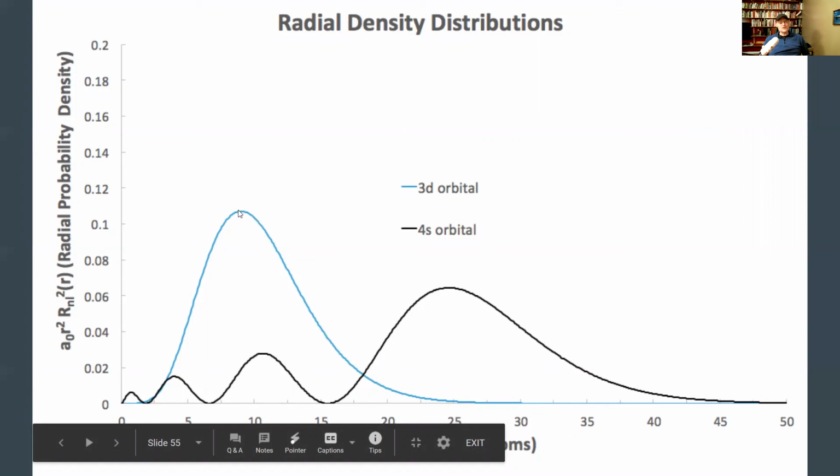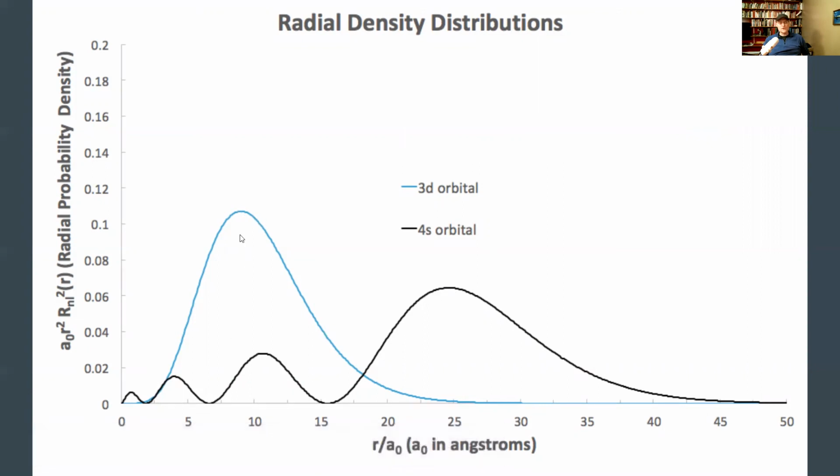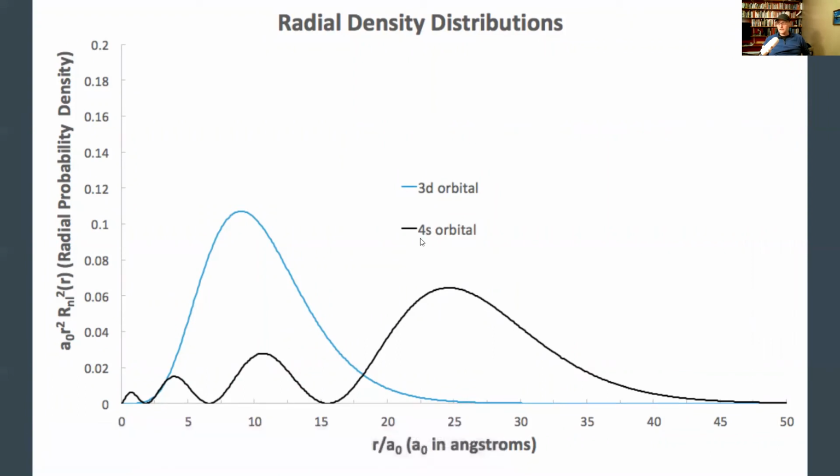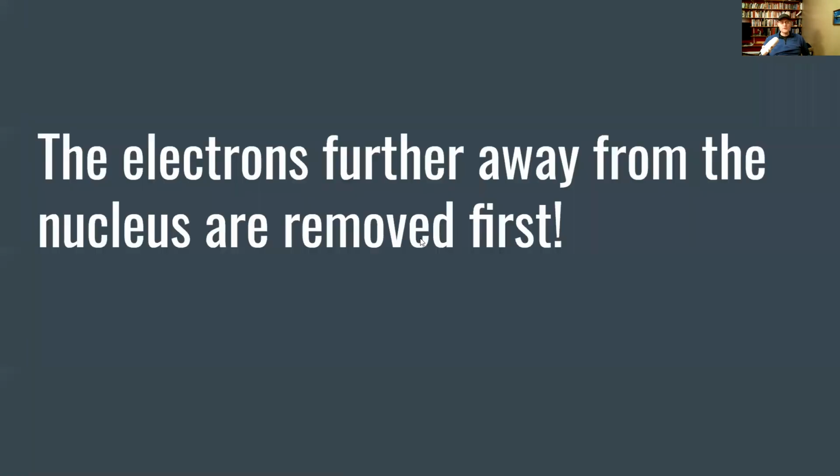You'll also notice that the 3d orbital ends up being closer to the nucleus than the 4s orbital ever gets. Which means if the 4s orbital is further away from the nucleus, which we knew already because it was the 4 number, that means it's a 4th energy level farther away, those are the ones that are going to be removed first. So the electrons further away from the nucleus are always going to be removed first if you're turning it into a positive ion or cation.